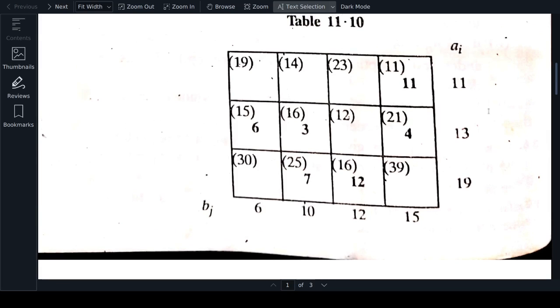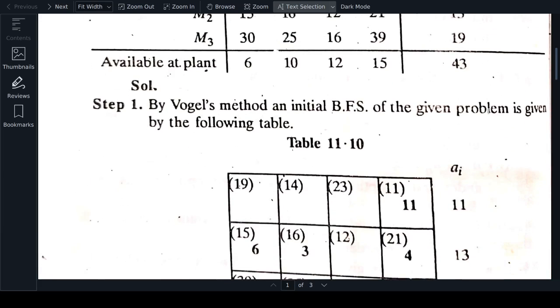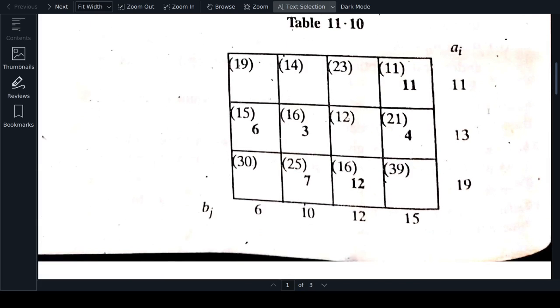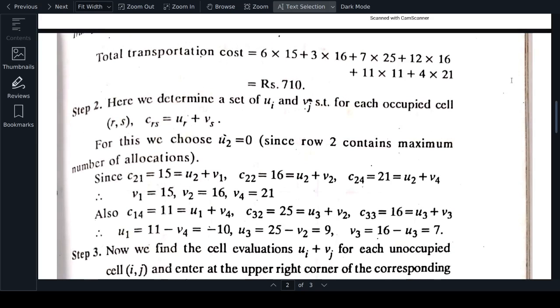Then the total transportation cost, you know how to find: cost into allocation, summed, and you get this value, 710. Next, our aim is whether 710 is minimum or whether we can get a modified, lower value.